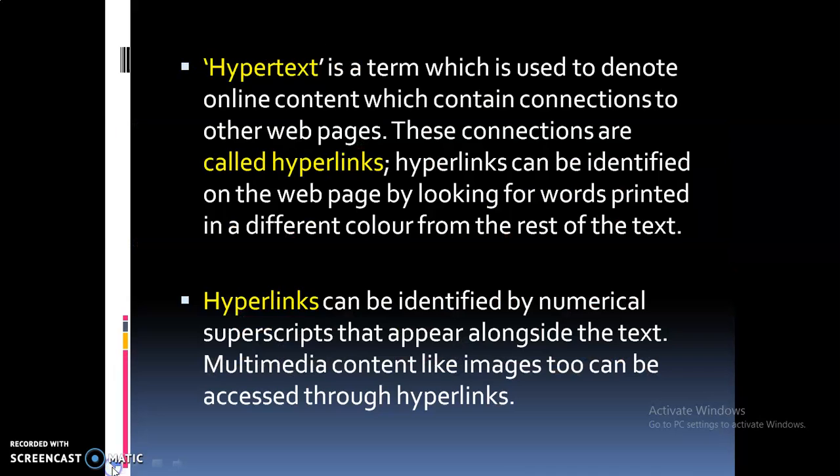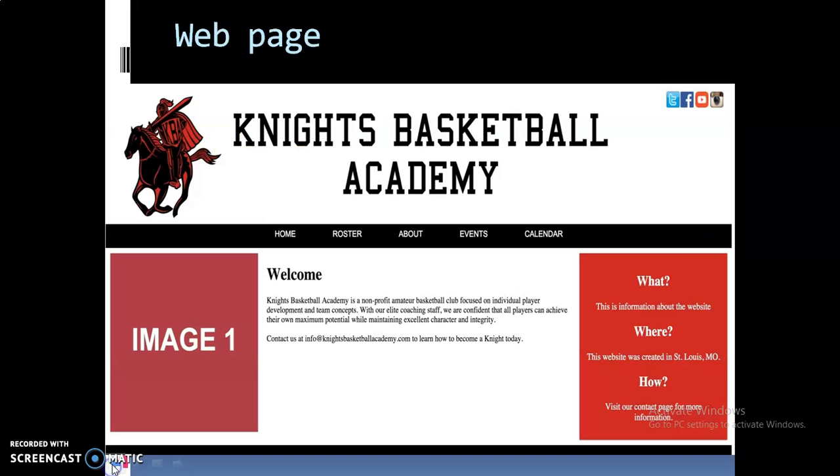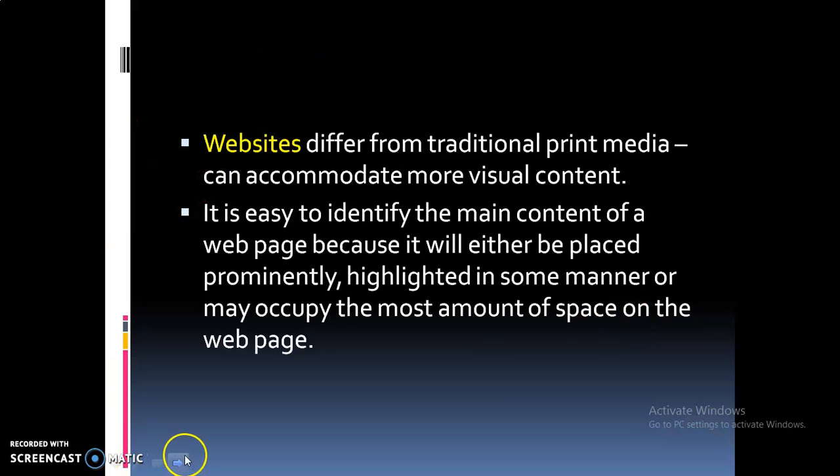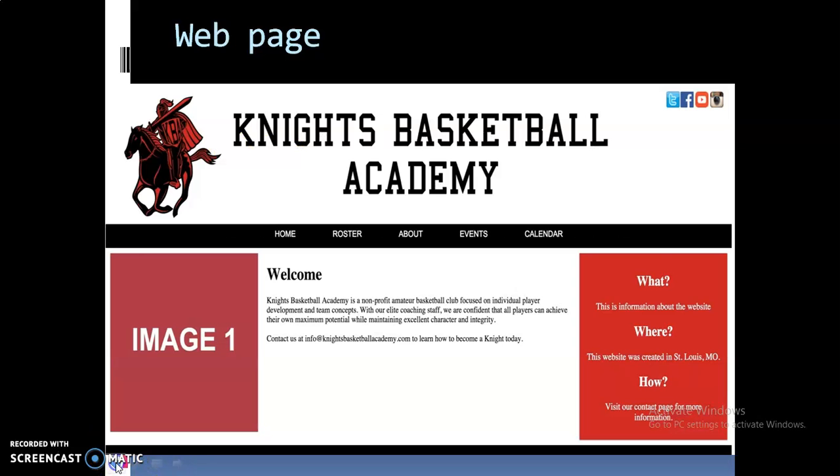See, as I said, this is the home page. And if you want to get the answer for this question, you just have to move the cursor to this word and click. So using these hyperlinks, finding specific information from websites is much easier when compared to traditional media.